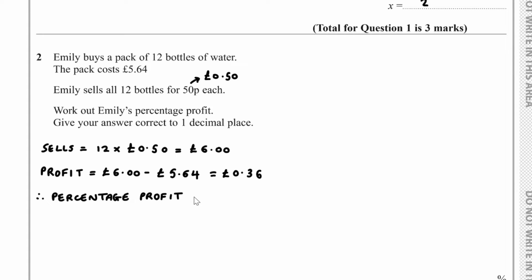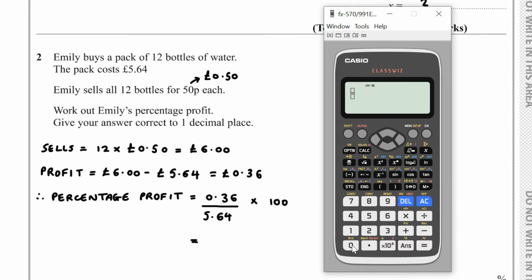And therefore the percentage profit is equal to 0.36 divided by 5.64 multiplied by 100. So if we work this out, we get 0.36 divided by 5.64 multiplied by 100.